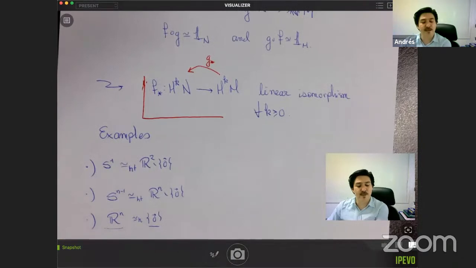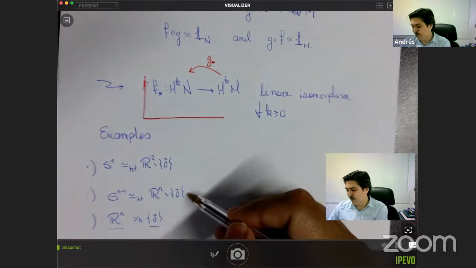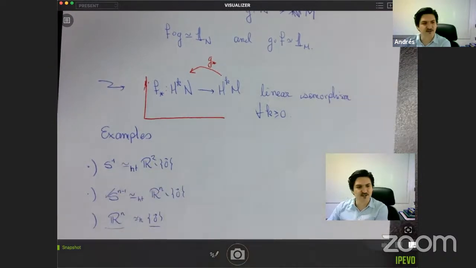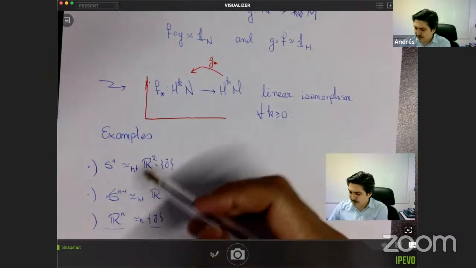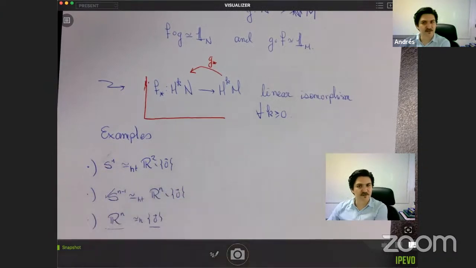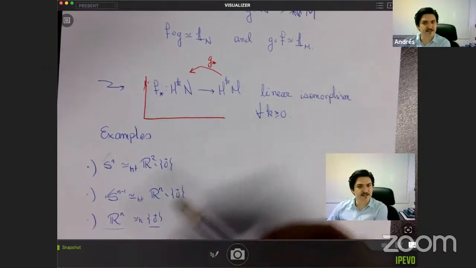We know that they will have the same cohomology, and this is one of the goals of this lecture, to compute the cohomology of the sphere. We computed the cohomology of the circle using the Mayer-Vietoris sequence, and hence you know the cohomology of the punctured plane.